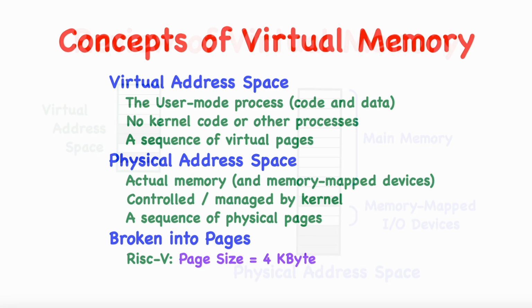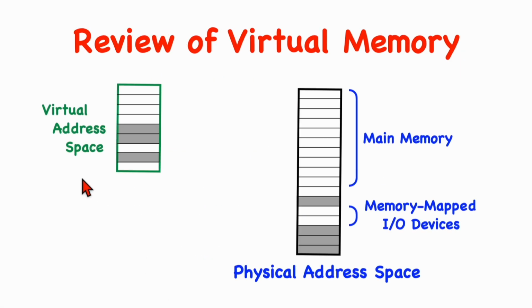of this video. Here's a picture showing a single virtual address space and the physical address space, and each is broken into a number of pages. This diagram indicates the physical address space of this system contains some memory here and some I/O devices located at these physical addresses.